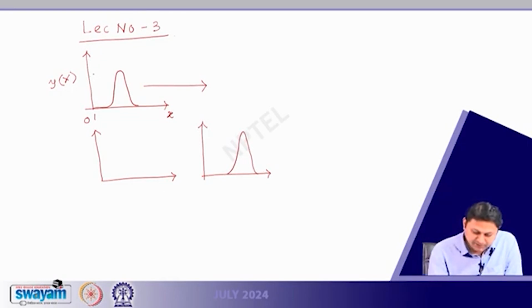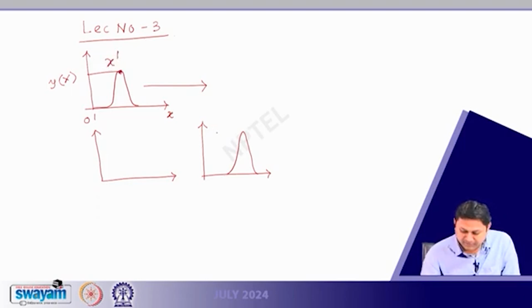Whatever the point we have here, from here to here, this length, if it is x prime, since the O prime frame is moving with the same velocity as that of the wave, this length will remain x prime. However, if the wave is moving at some velocity v, then after time t, this length will be simply v into t.